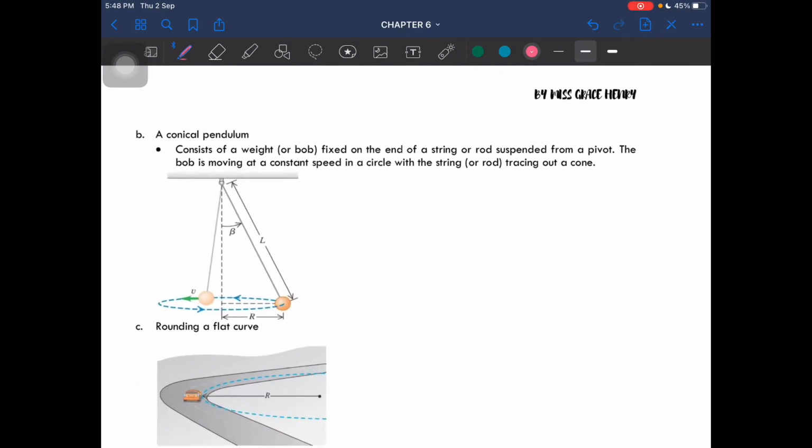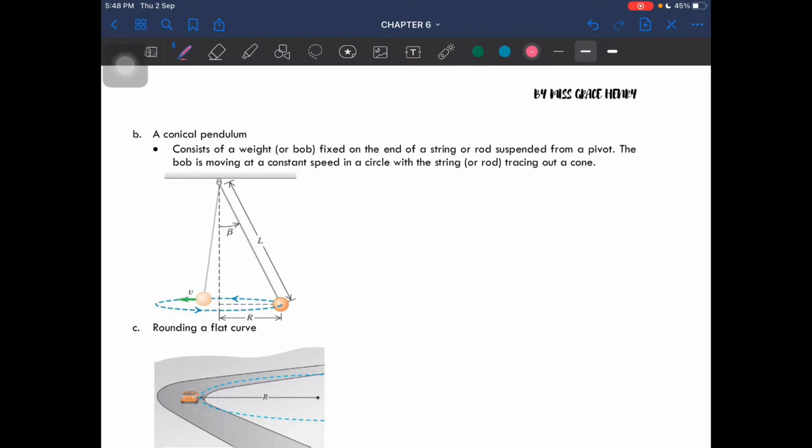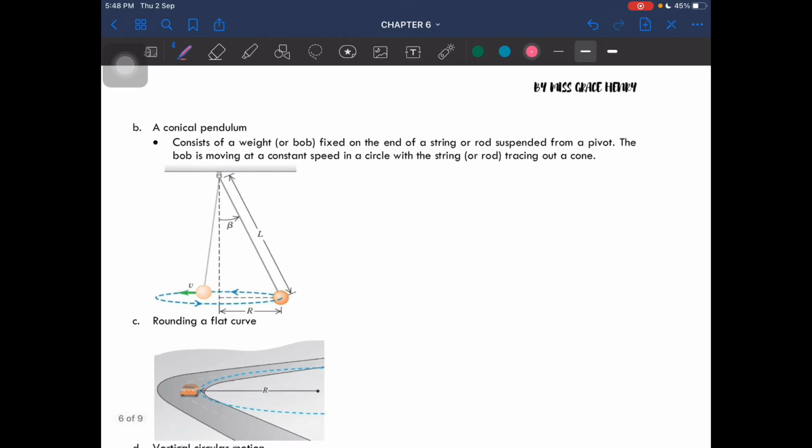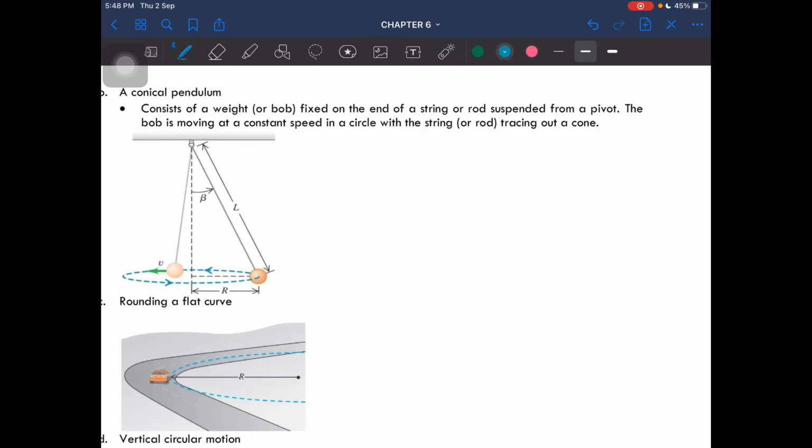Okay, now we are looking at a conical pendulum. We are still looking at it horizontally, like this. So let's try to draw this again for this situation.